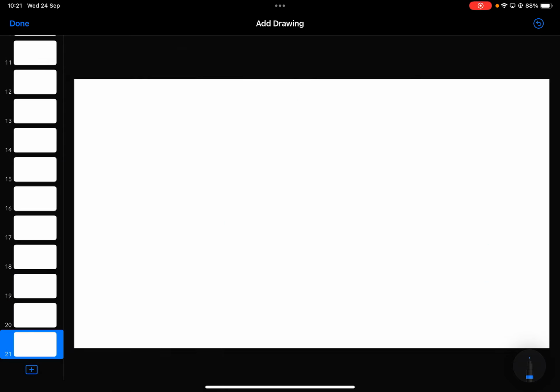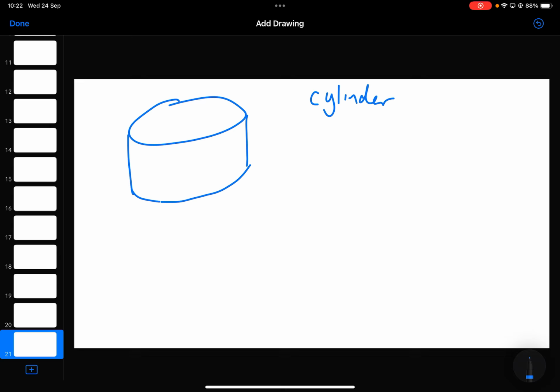By this extension, there is a special case of a prism, and the special case is called a cylinder. Your cylinder is also a prism, just that the base is a circle. Okay? So also no change.